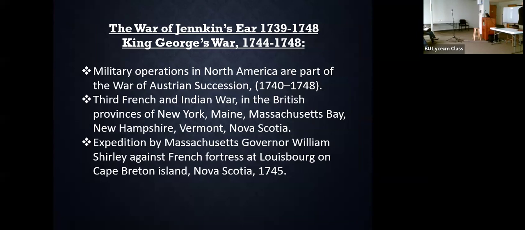Now, I mentioned this because of the overlap, but if the War of Jenkins' Ear, and I misspelled that, there's only one N, I'll have to fix that. Jenkins here. Jenkins was a British sea captain, a little bit of a nefarious character. He had been doing some semi-legal, probably some very illegal trading down in the region of the Caribbean where the Spanish were in charge, and he was stopped.